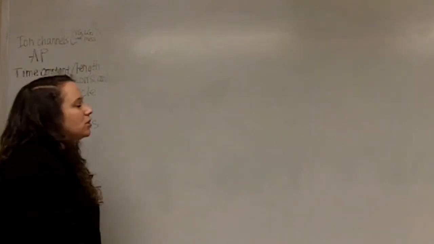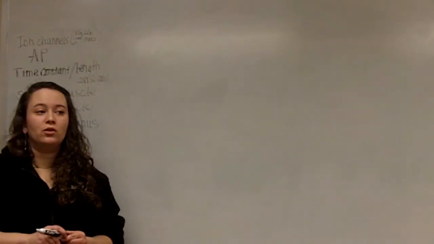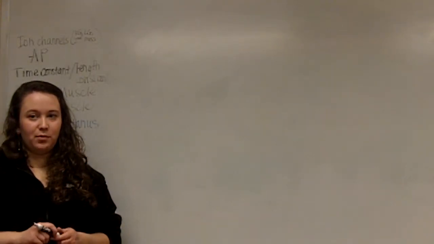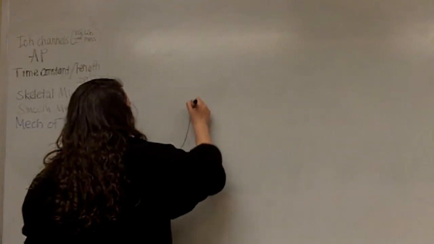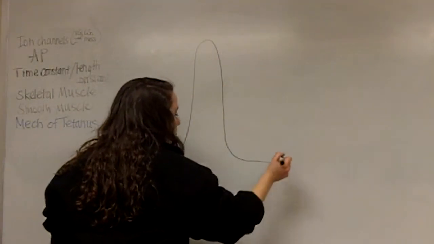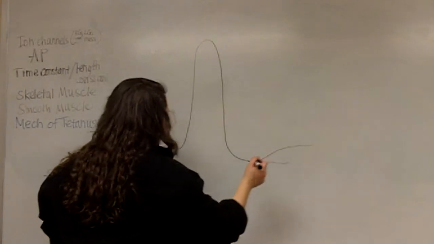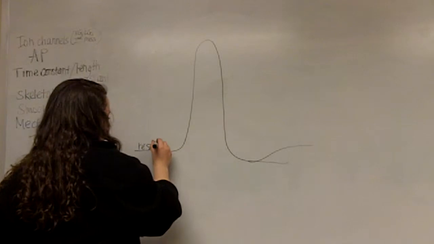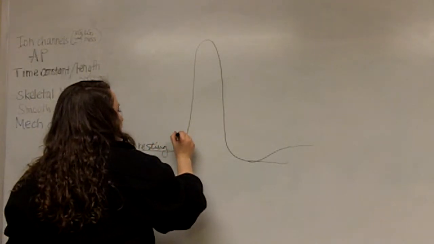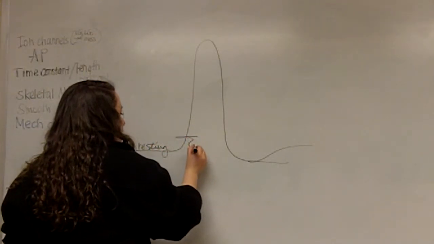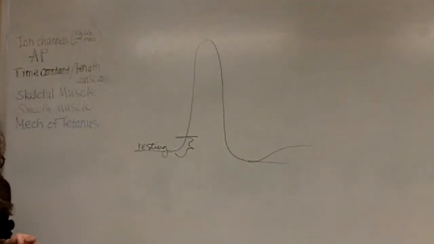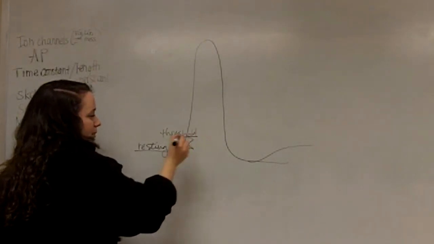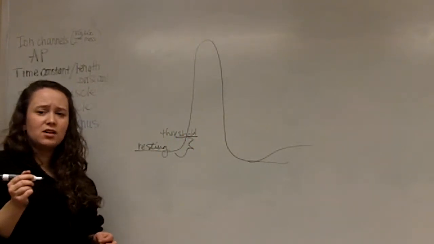Not especially. The voltage gated is more like how you get the action potential to happen. With your action potential, this is the general shape. So this is resting. And your threshold is gonna be somewhere right here. This part right here, where it's going up to meet the threshold, is not caused by the voltage gated. It's caused by other factors.